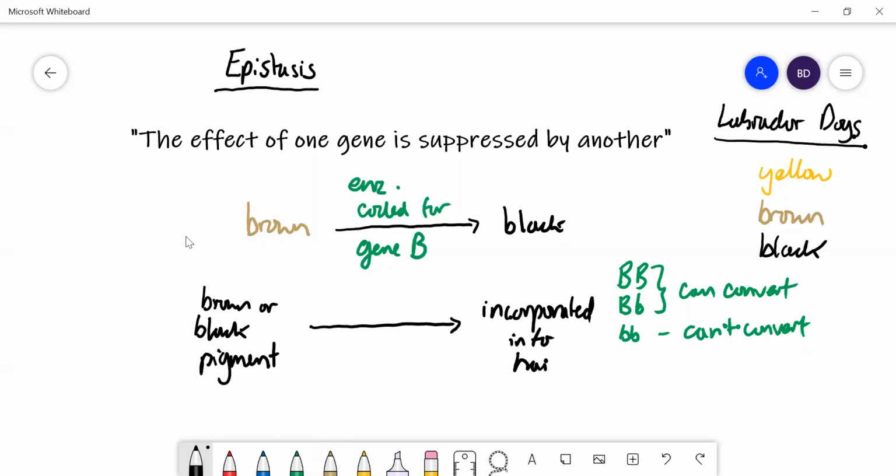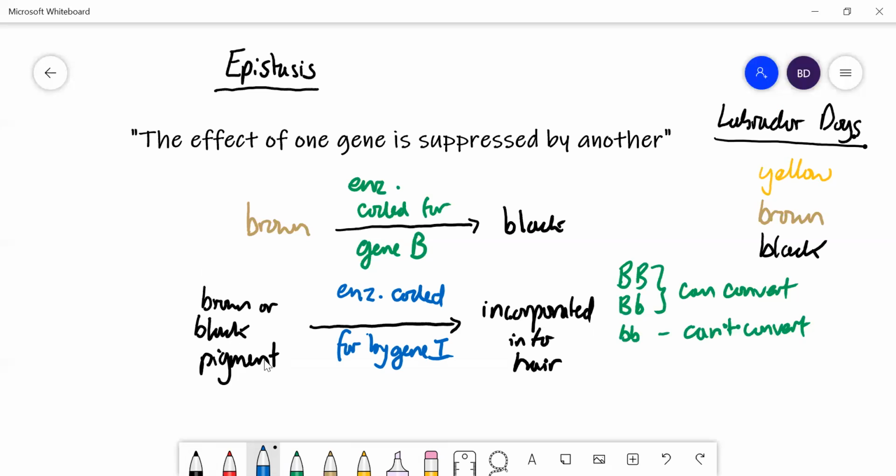To do that, it needs an enzyme coded for by gene I, we'll call it. And again, that is dominant.